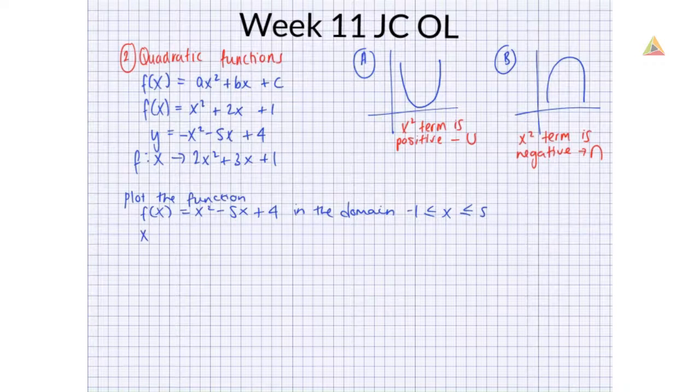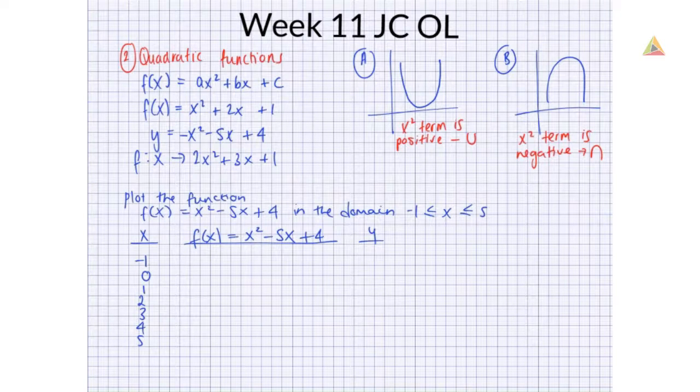So we'll create our table then again. So you're starting at -1, 0, 1, 2, 3, 4, and 5. Now your rule is f of x is equal to x squared minus 5x plus 4. So you're plugging that rule in, and you're going to get your y values.